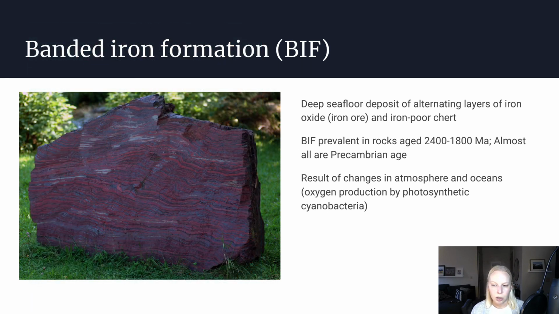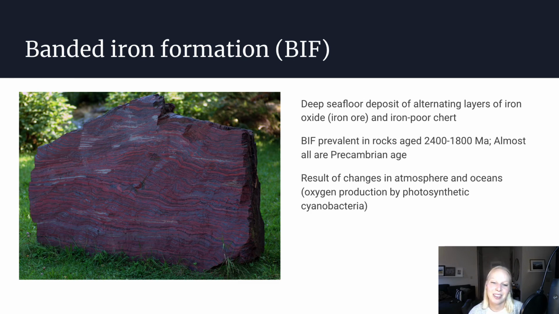These are really the result of changes going on in the atmosphere at the time of these rocks being deposited. So changes in the atmosphere as well as the ocean. You might recall back to our discussion about the formation of Earth, and how we know how old the Earth is and things like that. We did actually mention BIFs back in that lesson, and they're formed by oxygen-producing photosynthetic cyanobacteria.